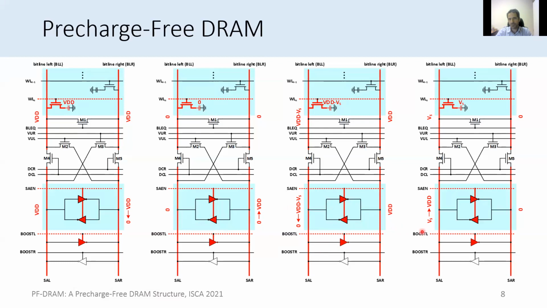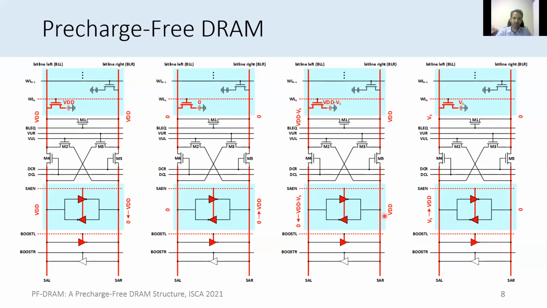In the other case, if BLL voltage is VDD minus Vs and BLR voltage is VDD, or BLL voltage is Vs and BLR voltage is 0, as you can see here, since SAR voltage is perfect VDD or perfect 0, and the voltage of SAL is degraded from VDD or 0, the single NOT gate in the sense amplifier wins the race against two NOT gates, and the voltage on SAR controls the sense amplifier.